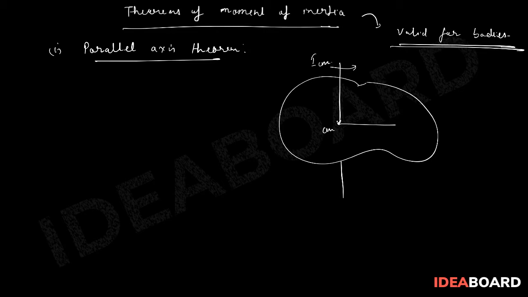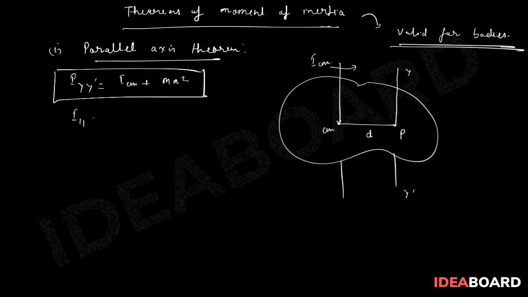Suppose that there is a point which is at d distance, let's say point P, and if I draw a perpendicular axis like this, then if I want to calculate the moment of inertia about axis y dash, so y dash can be provided as ICM plus MD square.